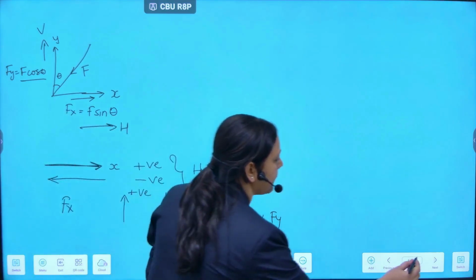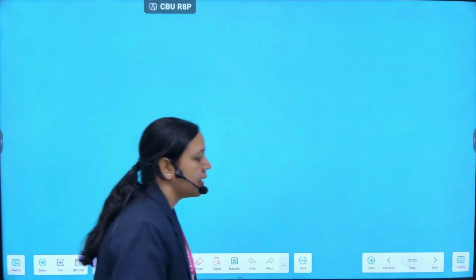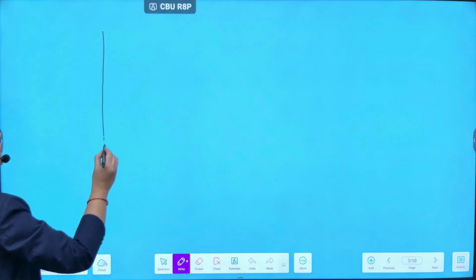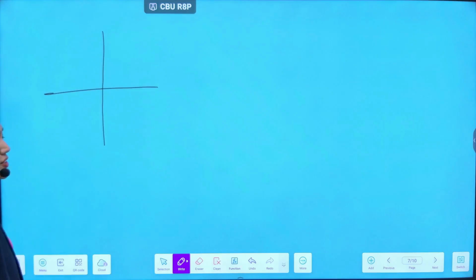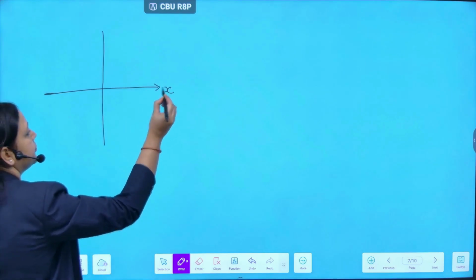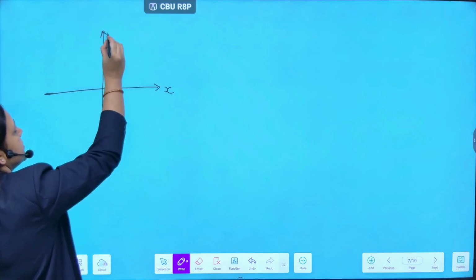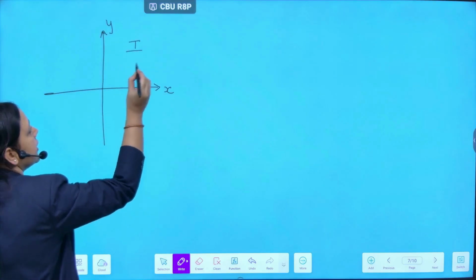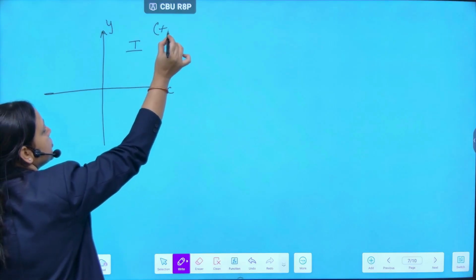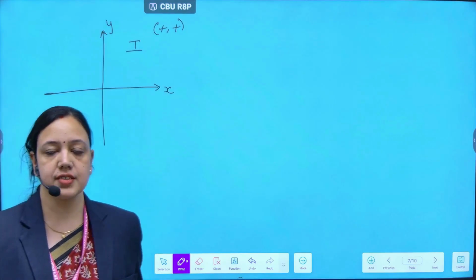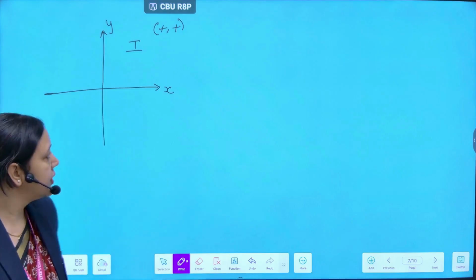Now, this brings us to another topic, which is understanding in which quadrant the force lies. As we know, we have 4 quadrants. This is our x-axis, y-axis. This is the first quadrant. In the first quadrant, the forces will be positive. That means the resolved forces Fx, Fy will be positive.